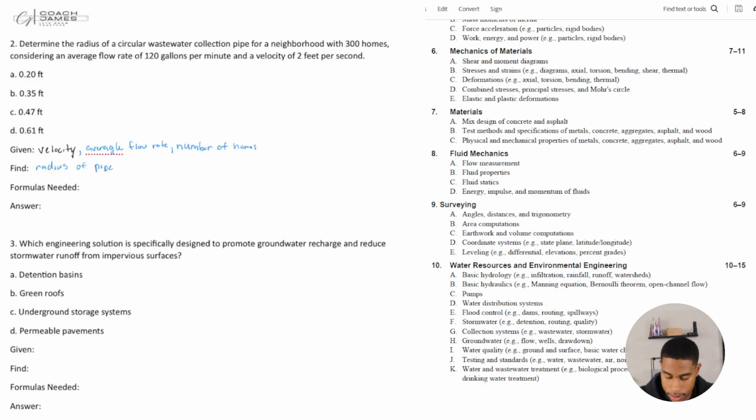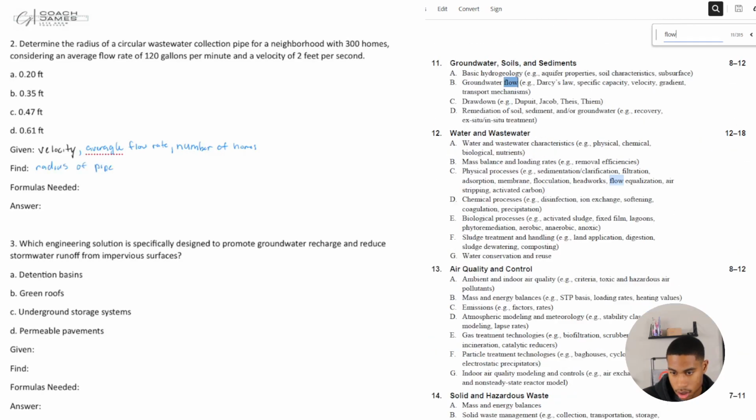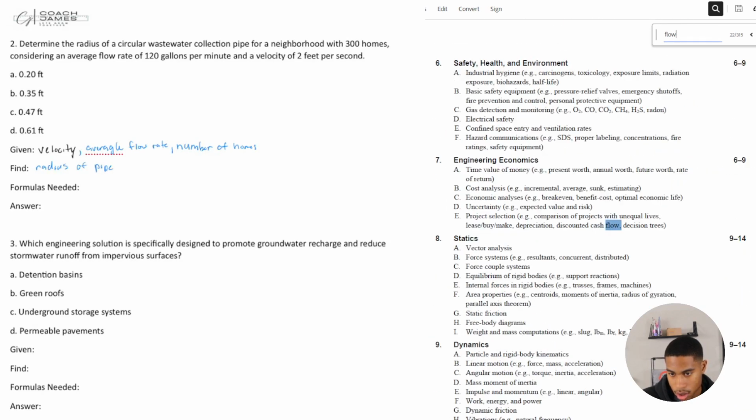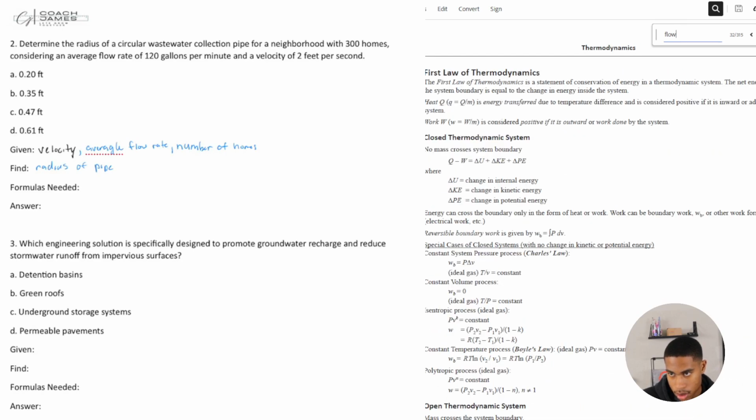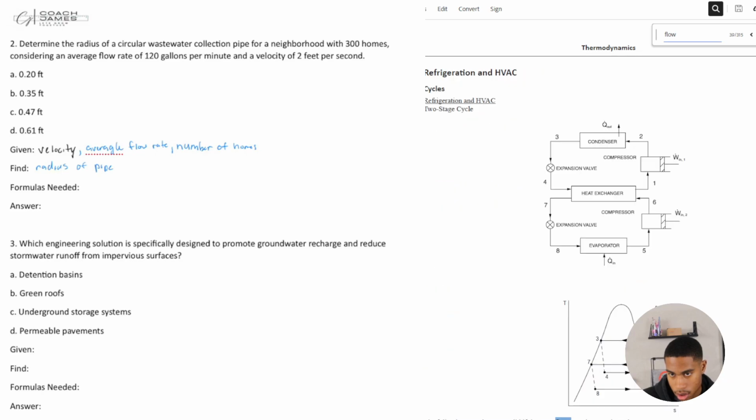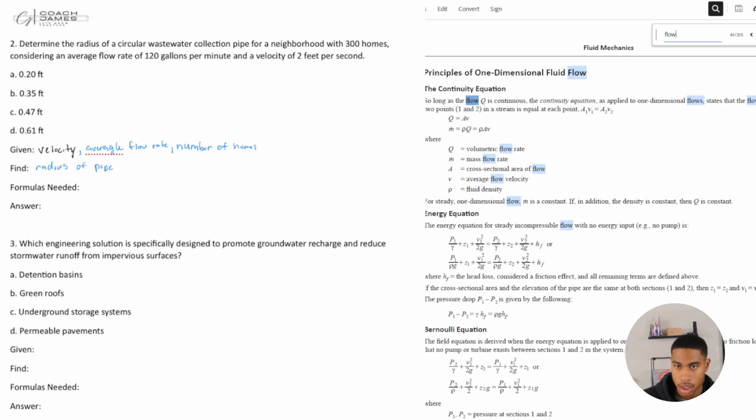Okay. So I know, and you should know, flow through a pipe is always one-dimensional fluid flow.